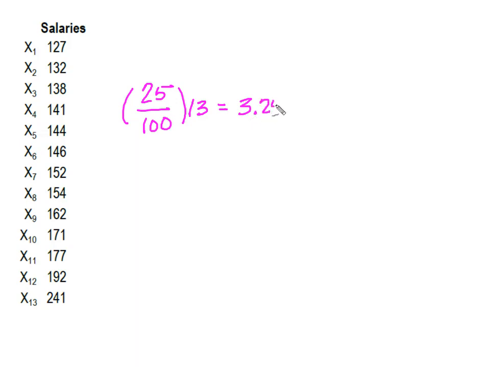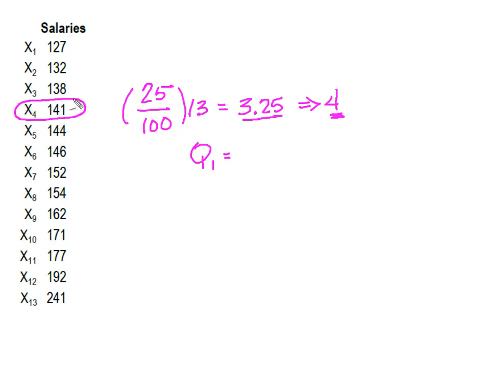3.25. Because this is not an integer or a whole number, we're simply going to round up to the next whole number, which is 4. So we're going to violate the traditional mathematical rounding rules, and we're going to move up to 4. So I know that the first quarter, or Q1, is located in the 4th position, which is this one.